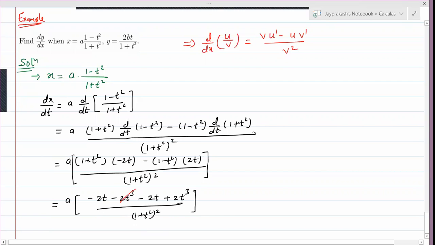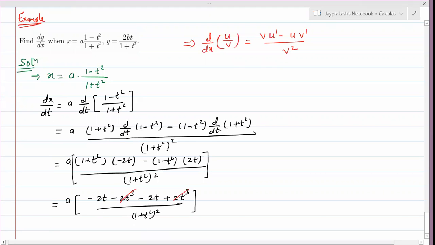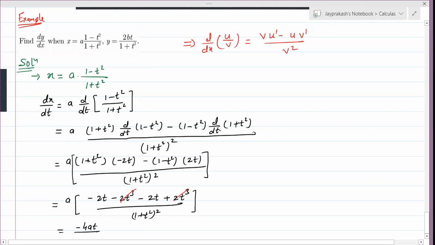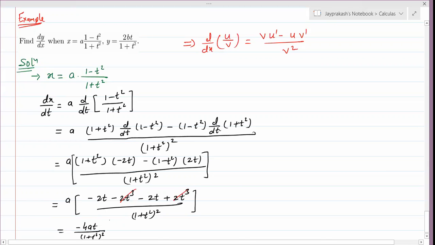So these two terms will be cancelled out. Finally, we have minus 2t minus 2t, will be minus 4t. So minus 4at upon (1 plus t square) whole square. This is the value of dx by dt.